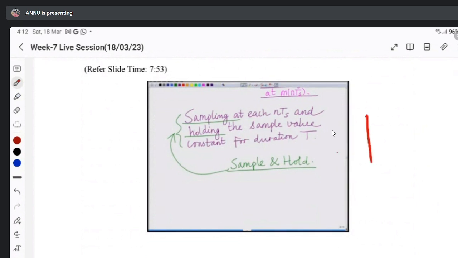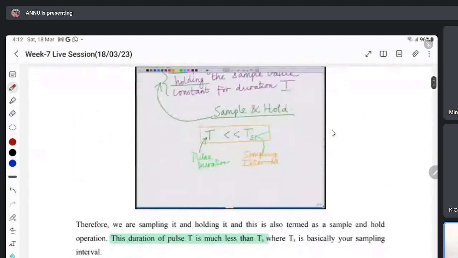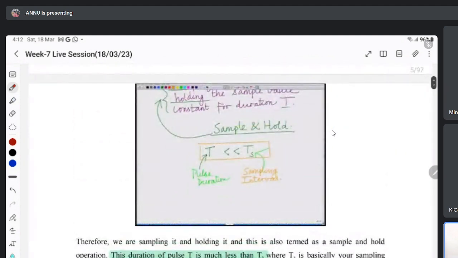Before, we had this message signal and were taking only the nTs values, but in pulse sampling we hold the same amount for the time duration of t. So there is a difference, but the criterion is that t should be less than Ts, otherwise we will not have the samples. So the pulse duration should be less than or equal to Ts.